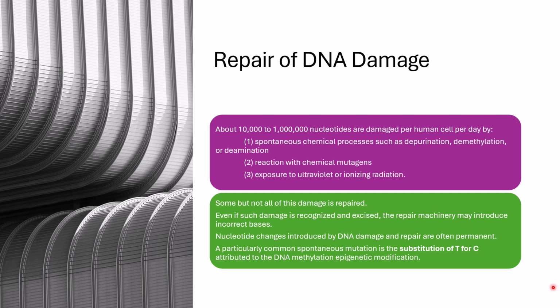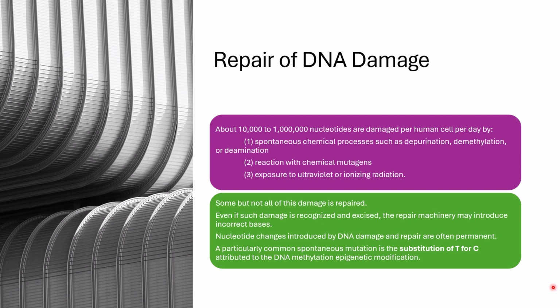Accuracy applies also to the repair of DNA damage. We estimate about 10,000 to 1 million nucleotides are damaged per human cell per day, due to either spontaneous chemical processes such as depurination, demethylation, or deamination, or reaction to a chemical mutagen, or exposure to ultraviolet or ionizing radiation.